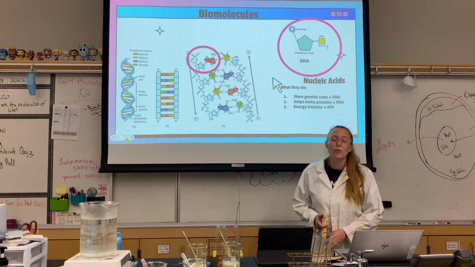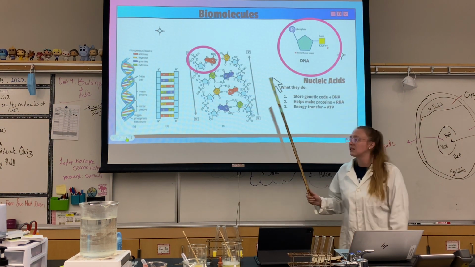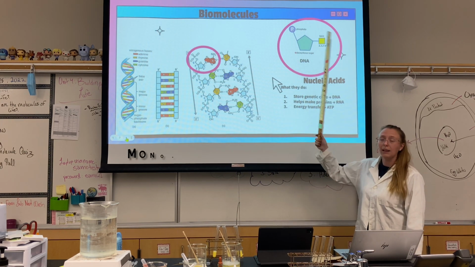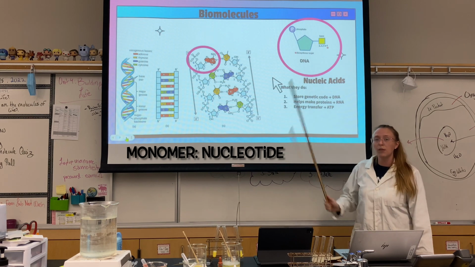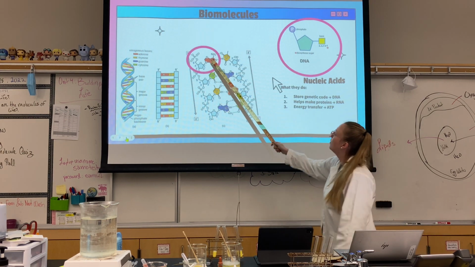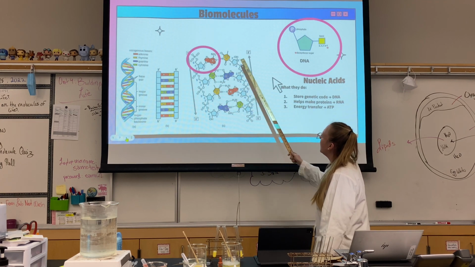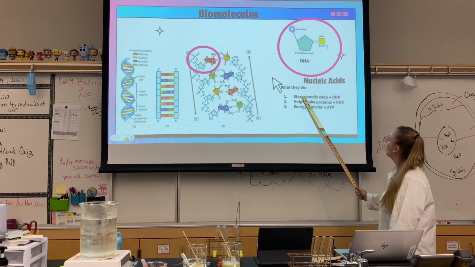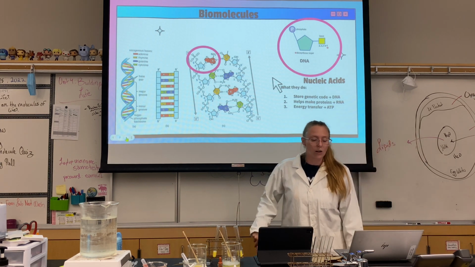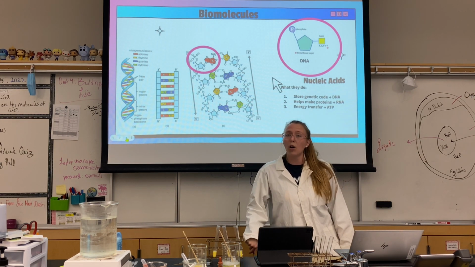Then we've got the biomolecules called nucleic acids. This is a DNA nucleotide, the monomer for DNA, so that one molecule, and a bunch of these nucleotides make a chain. The first thing they do is store genetic code, DNA. They can also help make proteins, that's something called RNA.